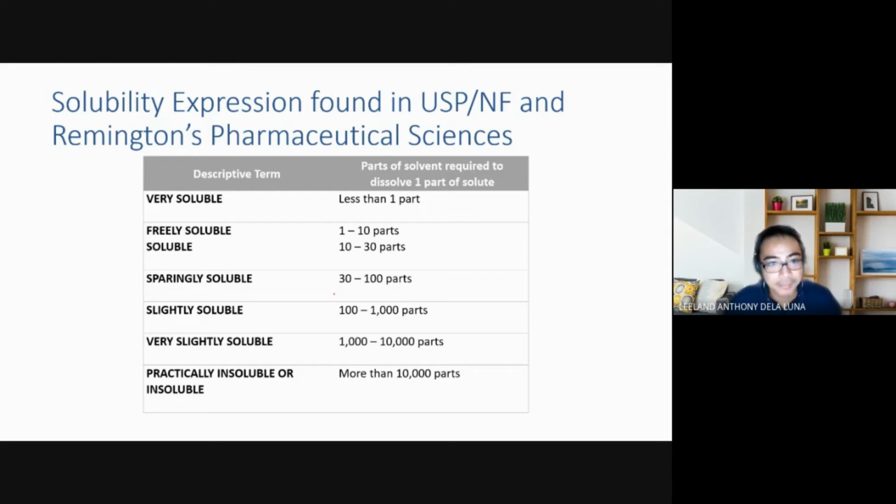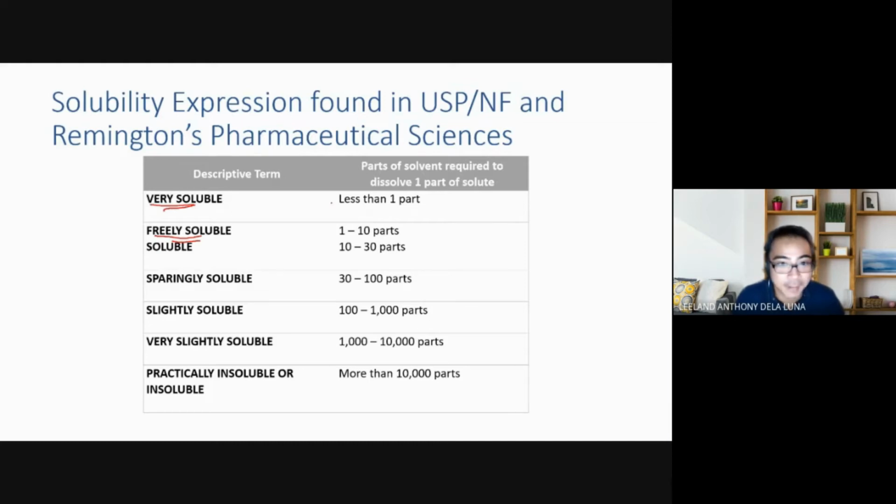Okay, so if 1 gram of solute dissolves in less than 1 part, about 1 gram in 1 gram of water, parang liit nun, no? About 10 grams na lang, or if 1 gram of your solute dissolves in 10 to 30 grams of water, then class, okay yun. Ibig sabihin, it's very soluble.